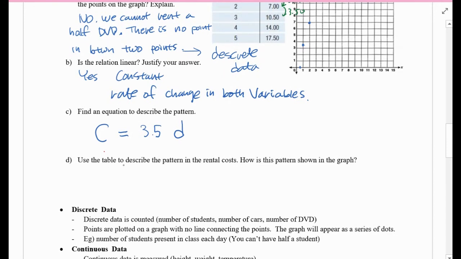Use the table to describe the pattern in the rental cost. How is this pattern shown in the graph? You're going to describe it.